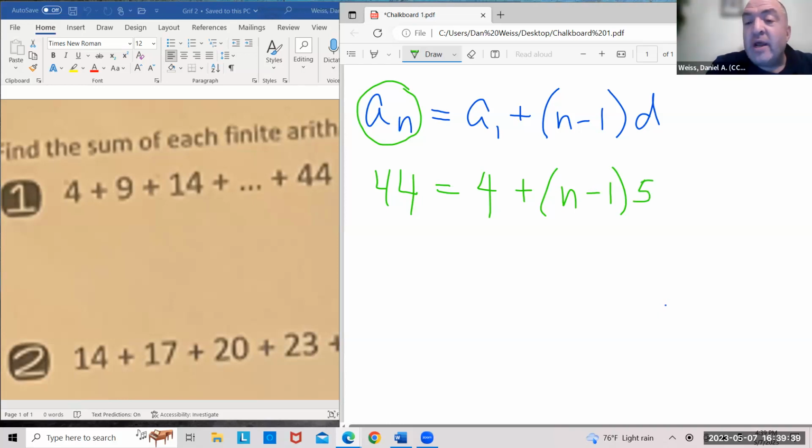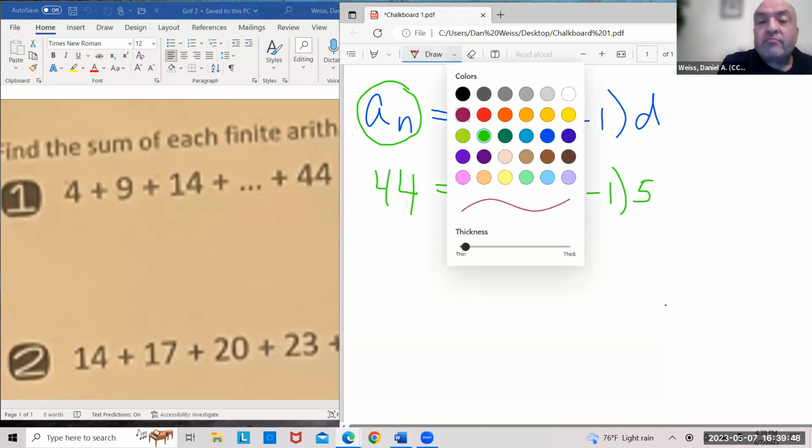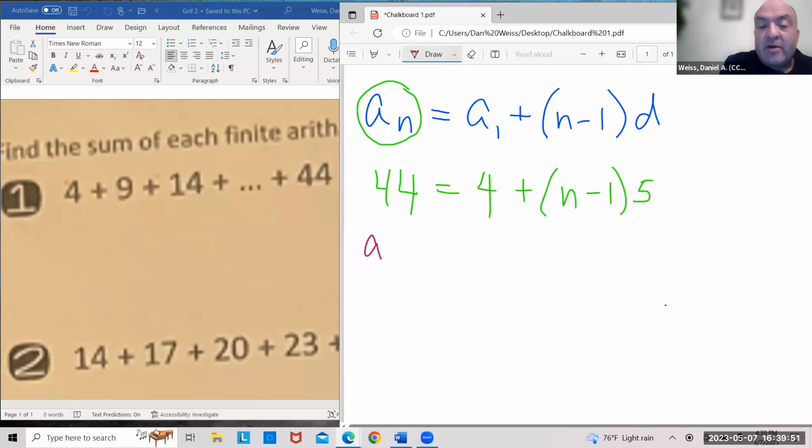Okay. So what I'd like you to do is, in fact, I'm going to do this with you. Write this down. AN equals last term. N equals number of terms.